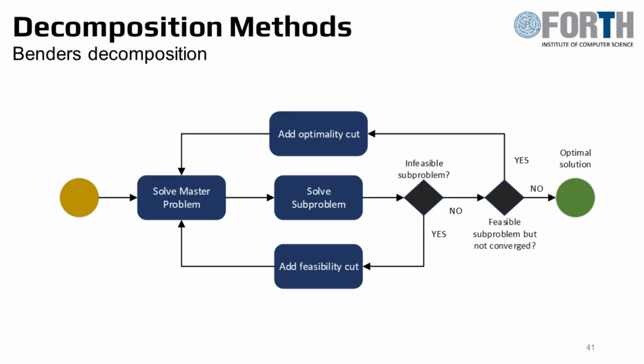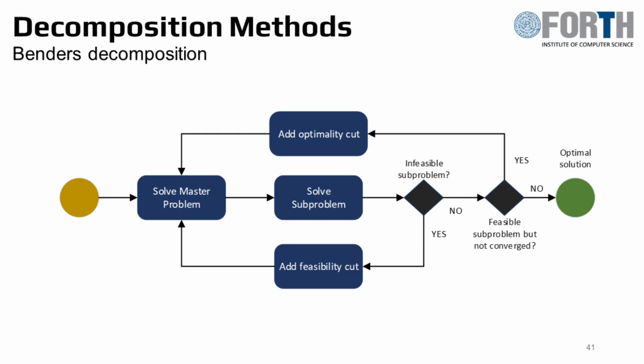First question, is the subproblem infeasible? If the answer is yes, then the current choice of y is not acceptable. So we generate a feasibility cut, add it to the master problem, and go back to solve the master again. If the subproblem is feasible, then we compute its optimal value and look at the dual solution.